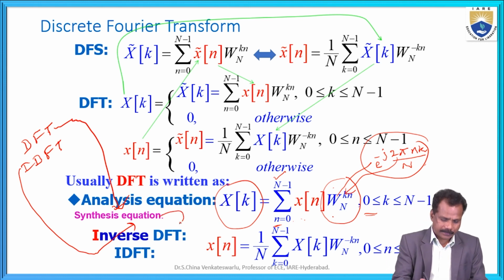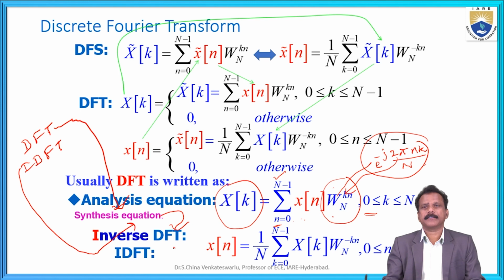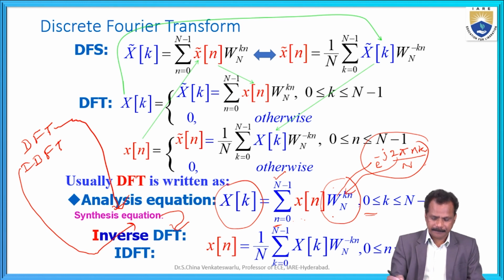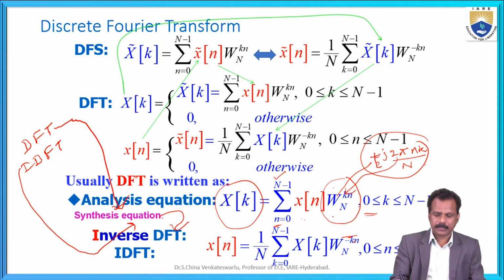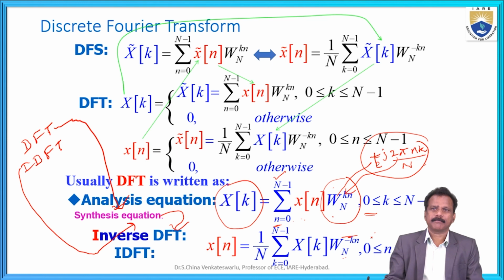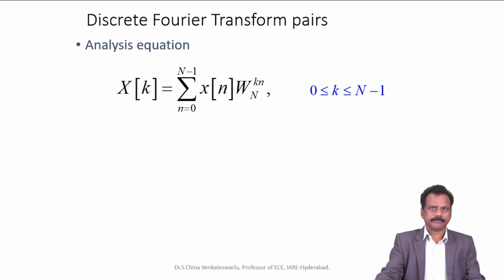Here, the synthesis equation for the IDFT is x of n equal to 1 by N, the summation k equal to 0 to N minus 1, x of k into W N to the power minus kn. So here the exponent is plus, and here the twiddle factor is minus.